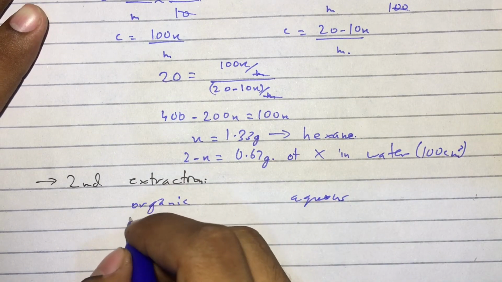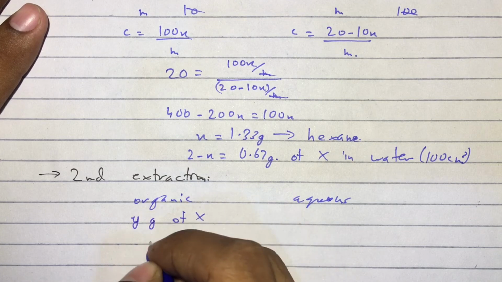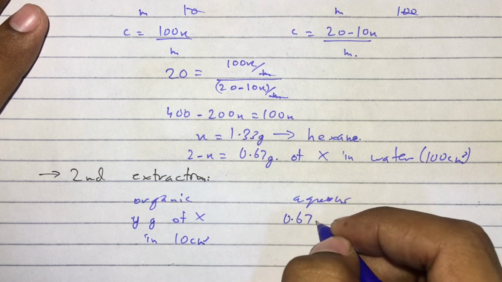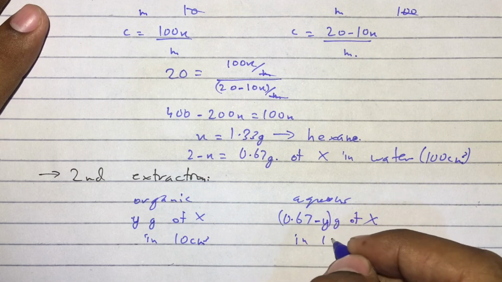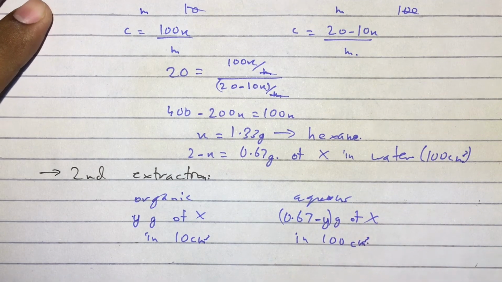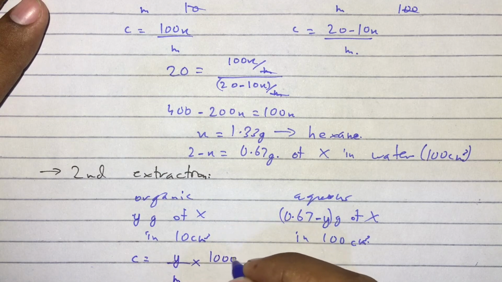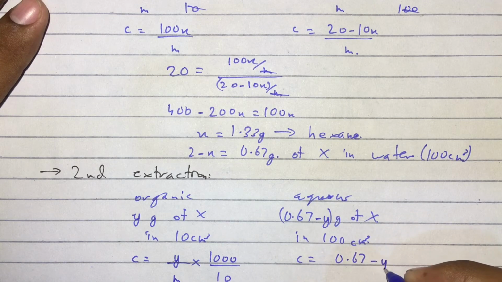Now let's say there's y gram of x in 10 cm cube, and here it's 0.67 minus y gram of x in 100 cm cube. To find the concentration, it will be y upon m times 1000 upon 10. Here it will be 0.67 minus y upon m times 1000 upon 100.